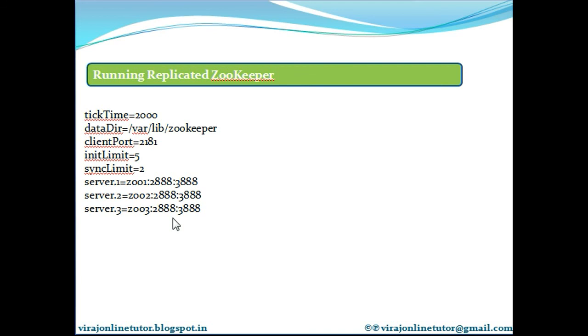Because the default leader election also uses TCP, we currently require another port for leader election. So for leader election we require another port, and that is the second port mentioned here.